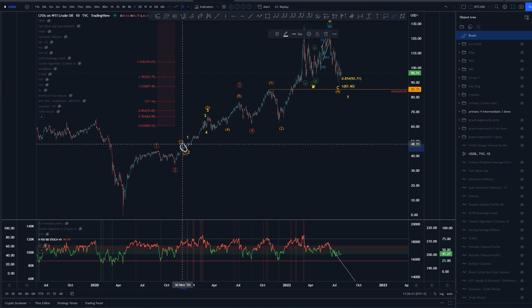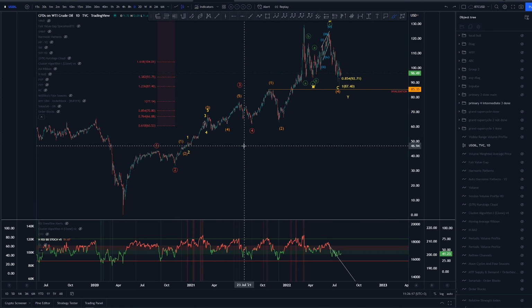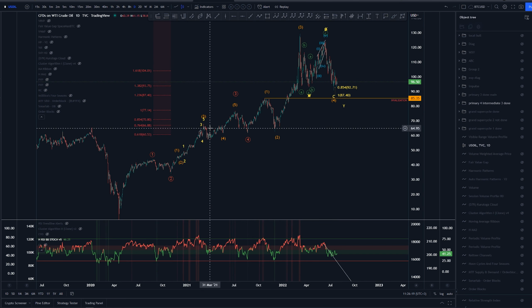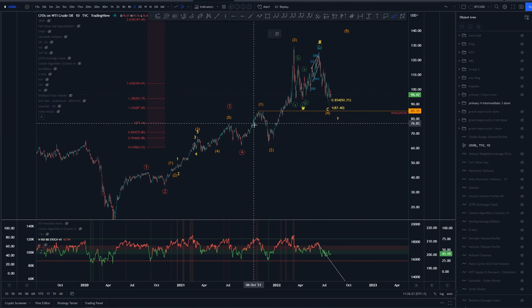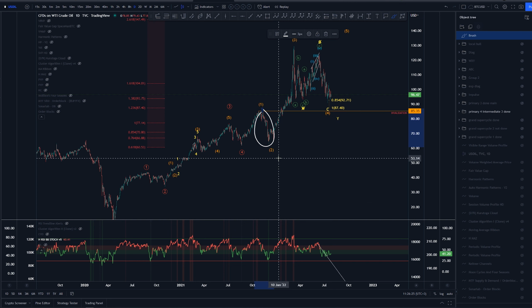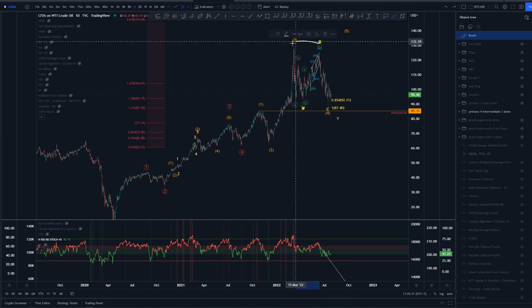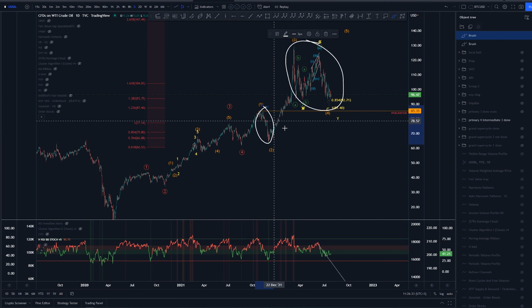Wave 2 here in intermediate compared to wave 4 here has no relationship. Wave 4 is so much larger, it does not really make too much sense. Also here, wave 2 would have some kind of very swift move down, and wave 4 would be this size compared to this.